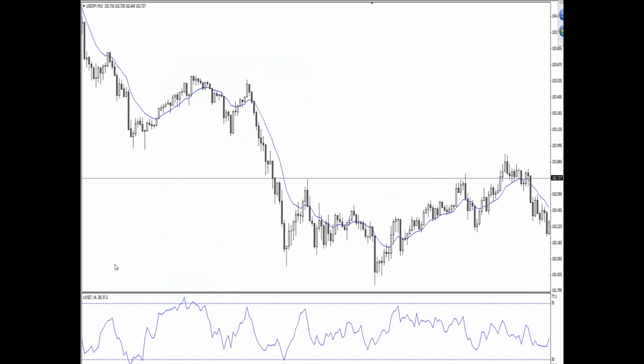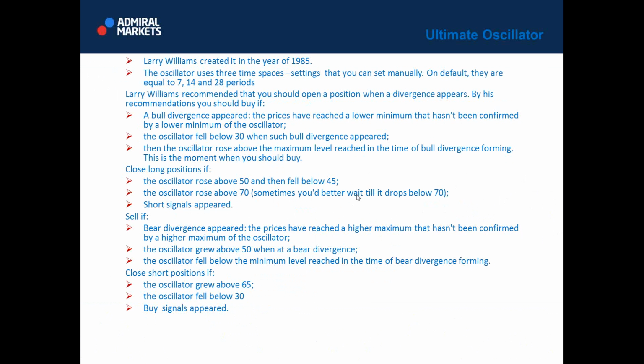So basically, you will plot the ultimate oscillator with these settings, 7, 14, 28, and then you will need to spot the divergence. I don't know if there is an automatic ultimate oscillator divergence indicator. There is probably an indicator which can be bought, but the ultimate oscillator works best on divergence setups.